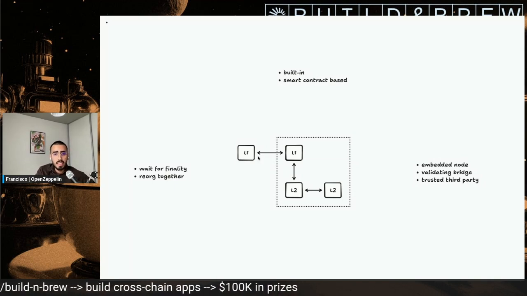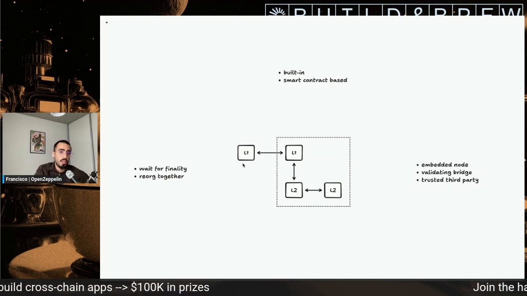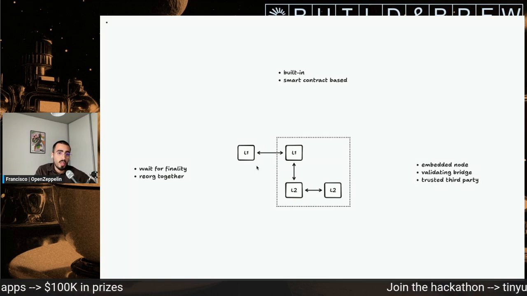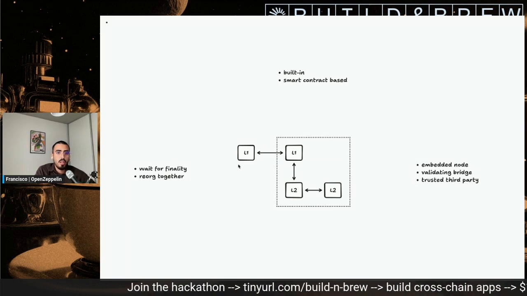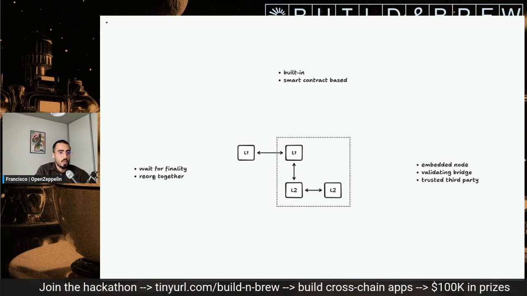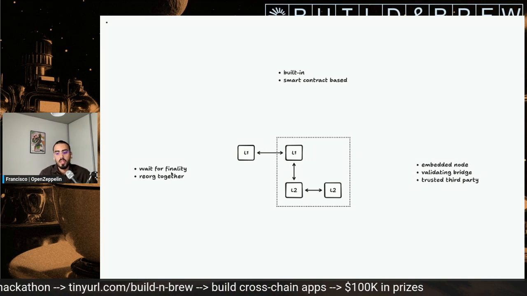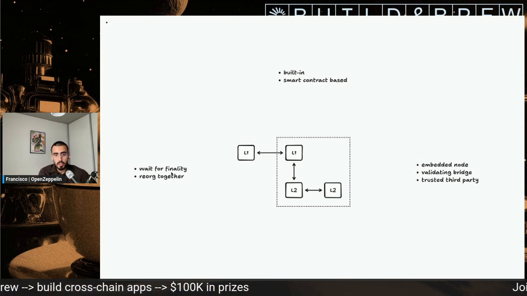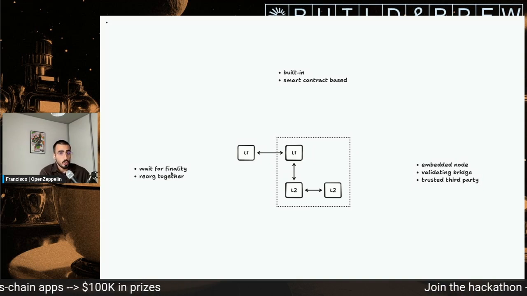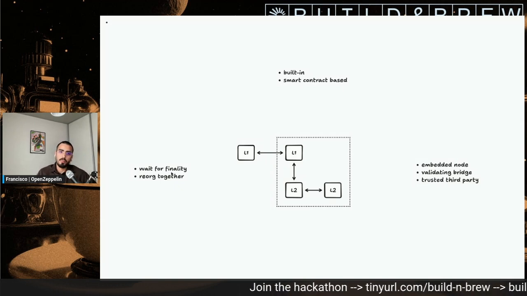So if you're connecting a layer one to a separate layer one, like say you're connecting Ethereum and some Cosmos chain, you are probably going to want to wait for finality, because these are different chains with different rules, different validator sets, and sort of different cultures even. And so committing to reorg together is going to be really hard.